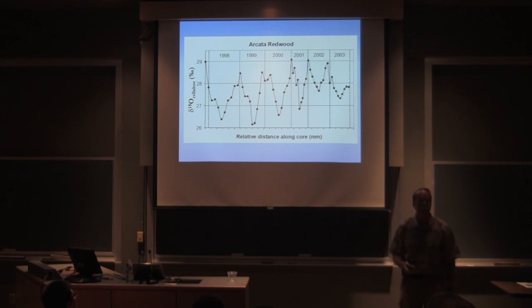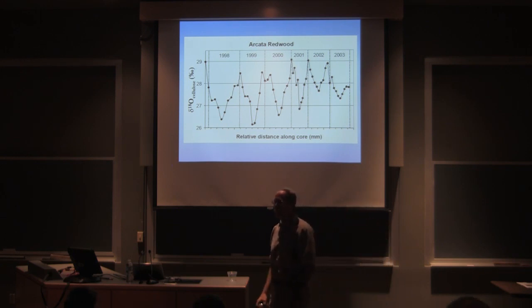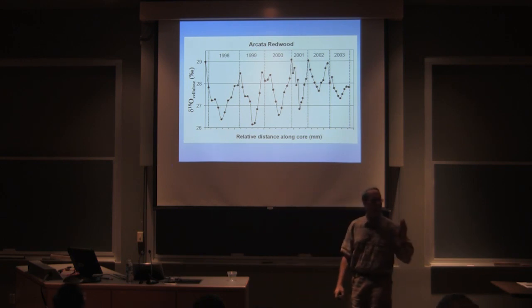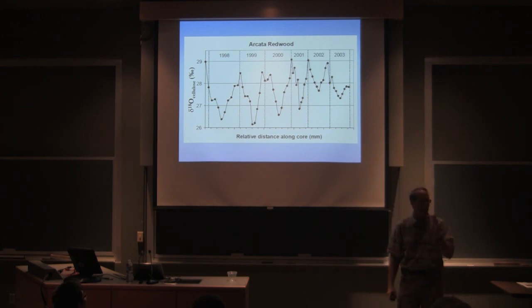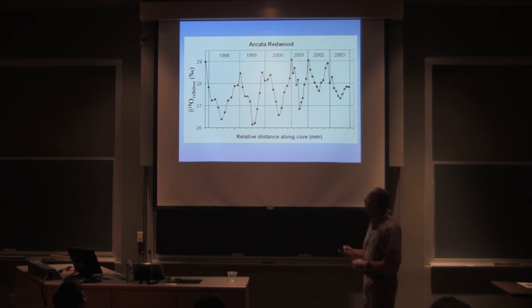So my isotope value would say 2000 is exactly the same as 2003. Are those years the same? Look at those 2 years. No way. So integration is fine up to a point. If you want to get seasonality stuff, you had better think about, where is your signal? If I want fog, which is a summer phenomenon, I really don't want to take the whole ring. You following me?